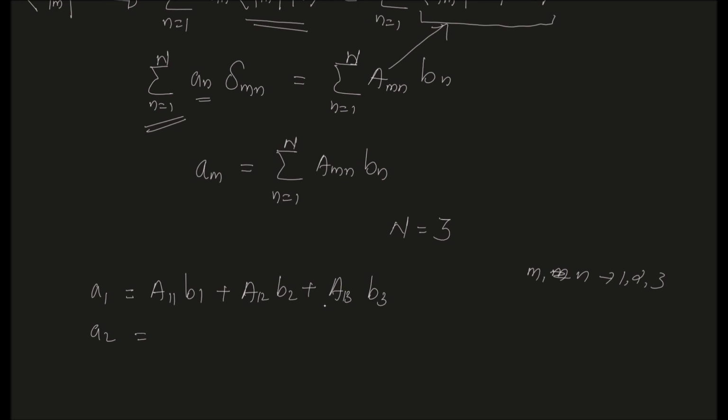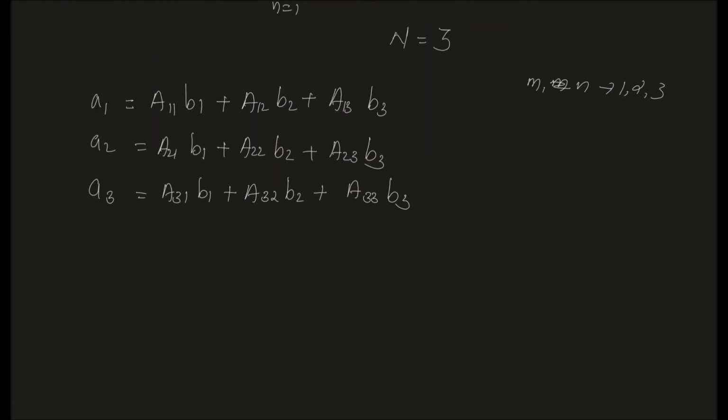So similarly you can write a2 is equal to a21 b1 plus a22 b2 plus a23 b3, and a3 can be written as a31 b1 plus a32 b2 plus a33 b3. So this is the situation when you take this n is equal to 3, right?